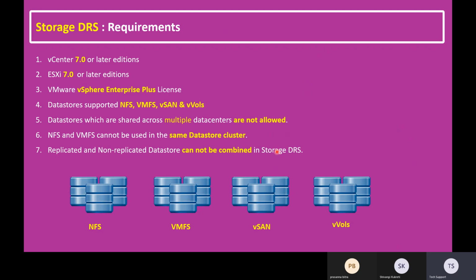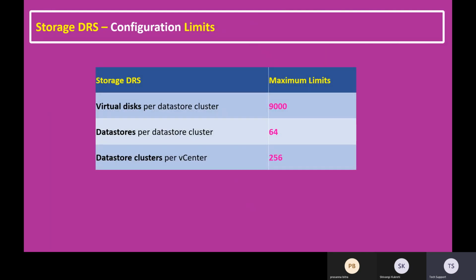Now we'll talk about storage DRS configuration limits. As per the VMware configuration maximums, this is the VMware official recommendation. When you enable storage DRS in a datastore cluster, virtual disks per datastore cluster, you can create a maximum of 9,000 virtual disks, and datastores per datastore cluster, we can add 64.